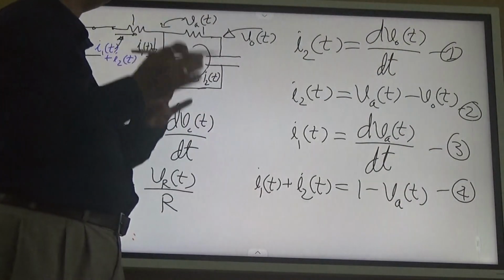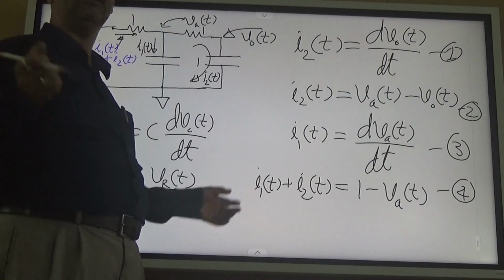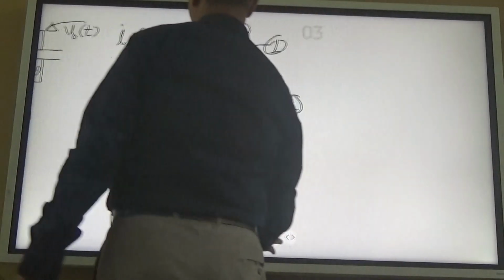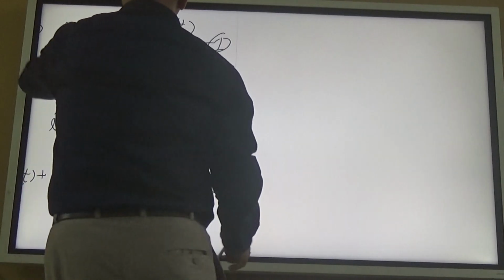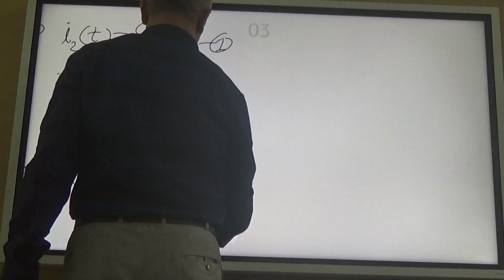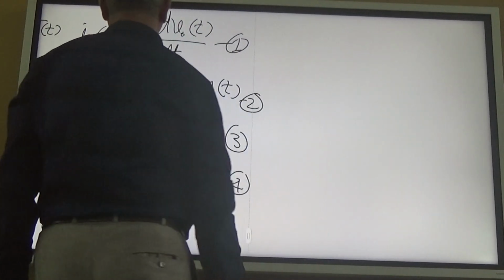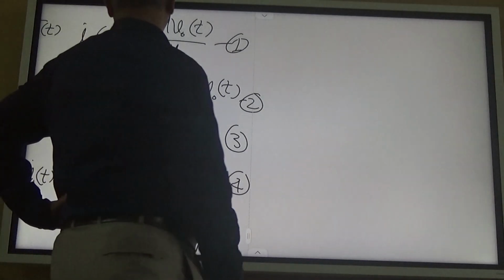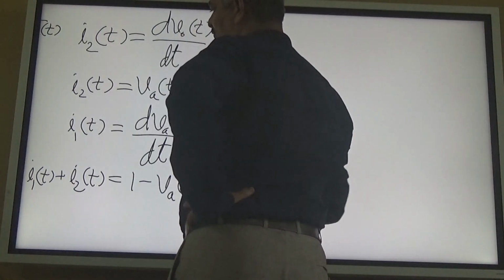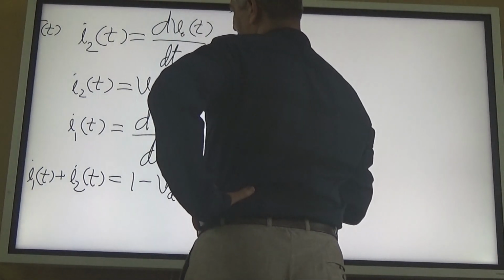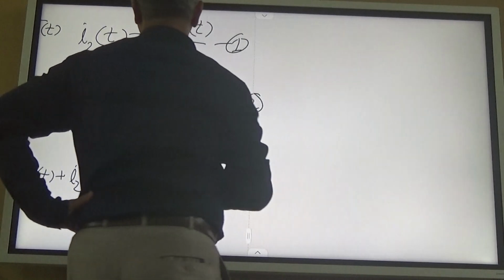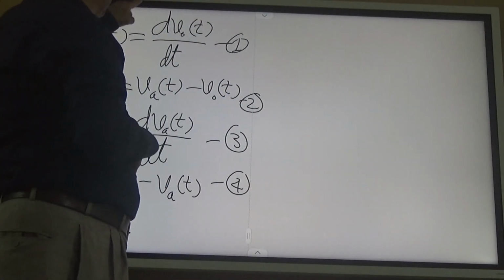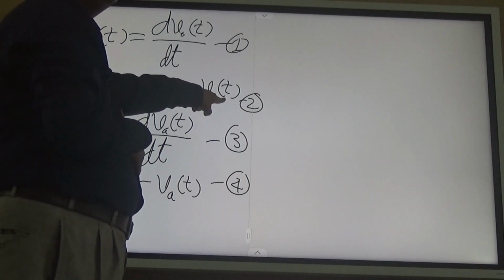Using these 4 equations, you should be able to derive the further equation. How do we proceed? I think now there is no need to look at the diagram; we can derive it here itself. Which will you use? You will first get rid of I2T. Can I equate these two? So dVOT by dt is equal to VAT minus VOT.